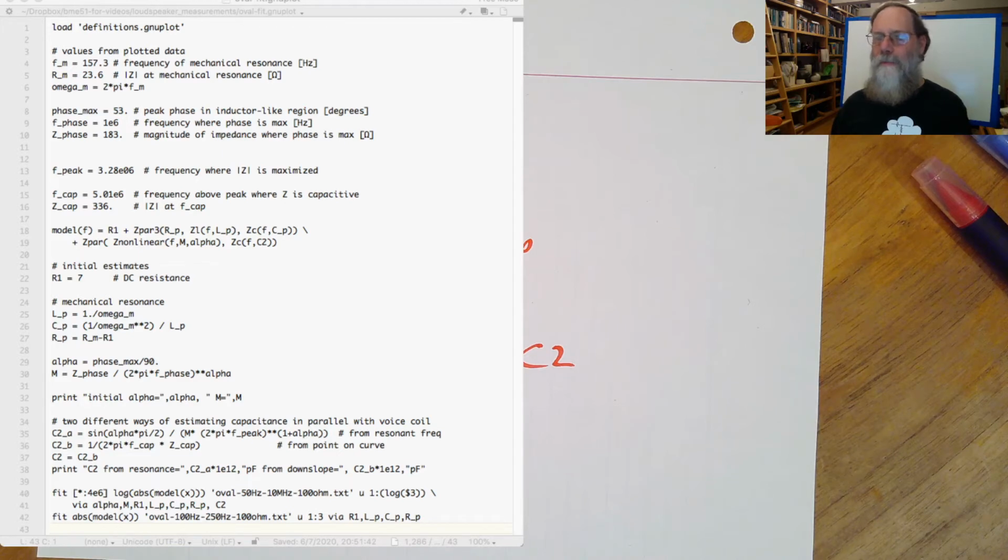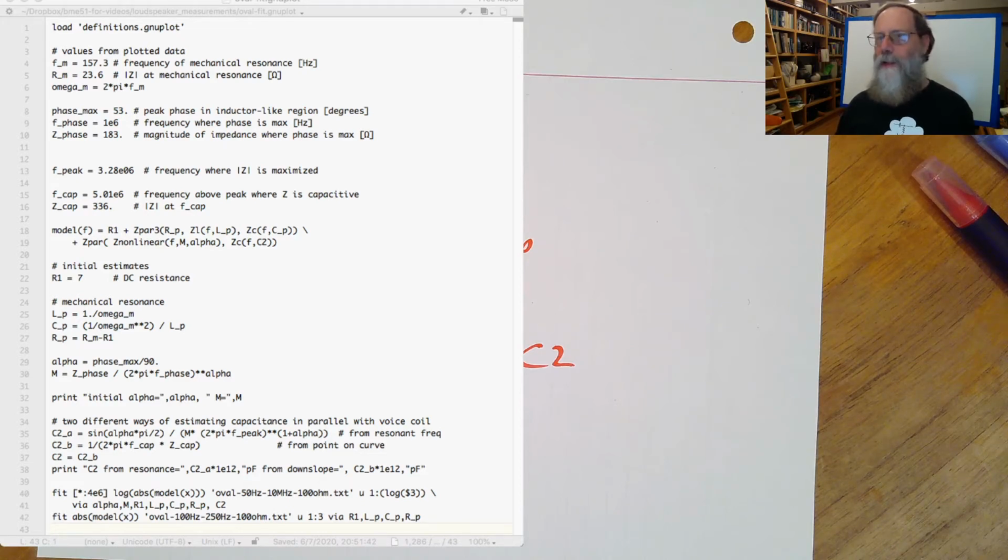This would be the value of M that would make that nonlinear impedance, the inductor-like device, have about the right impedance. I could have subtracted off a tiny bit here, taking Z phase minus R1, for instance, and dividing that by omega phase to the alpha. But I just need to be in roughly the right ballpark. I don't have to be very precise on these initial estimates.